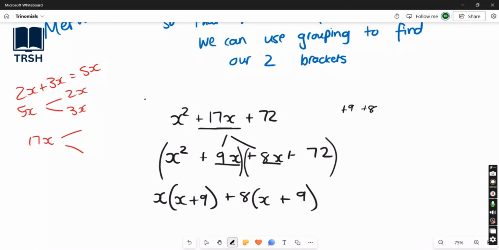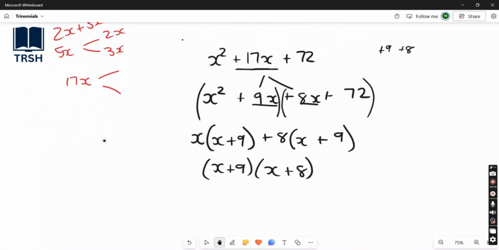And then we can see that x plus 9 is the same. So one of our brackets will be x plus 9 and the other bracket will be x plus 8. And then that will give us our answer.